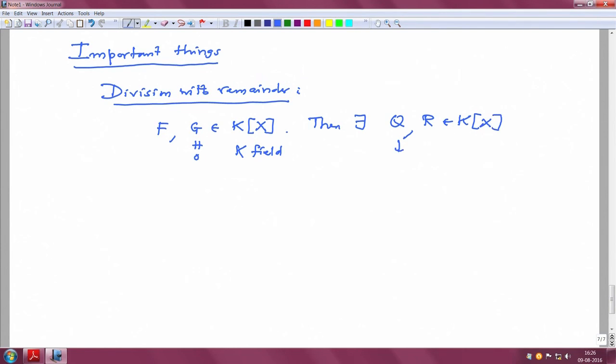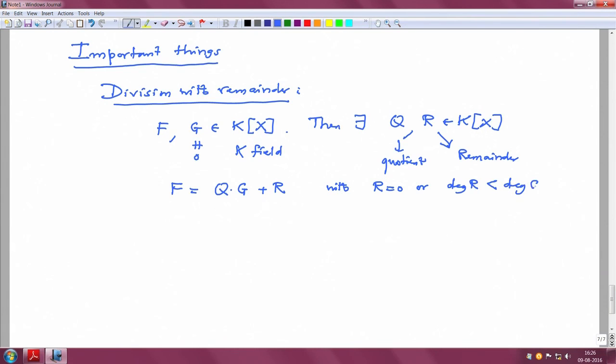This q will be called the quotient and r will be called the remainder, so that the polynomial f we can write as q times g plus r, with either r is 0 or degree of r is strictly smaller than degree of g.